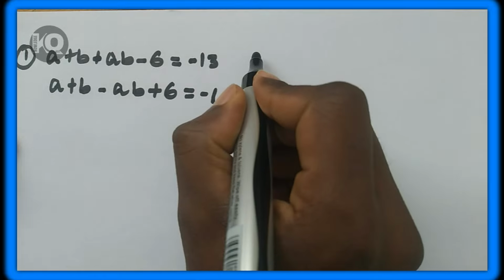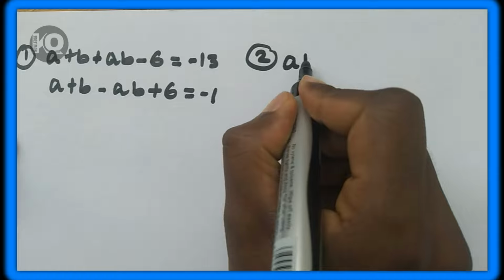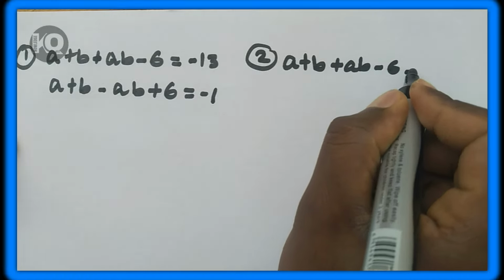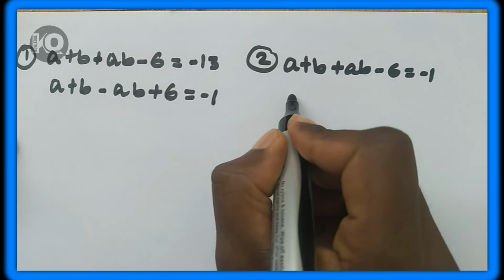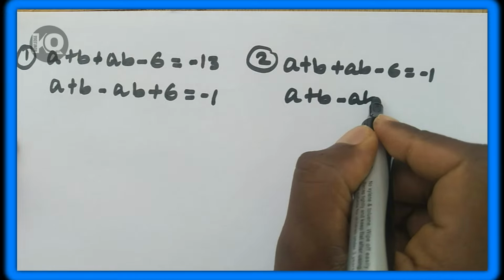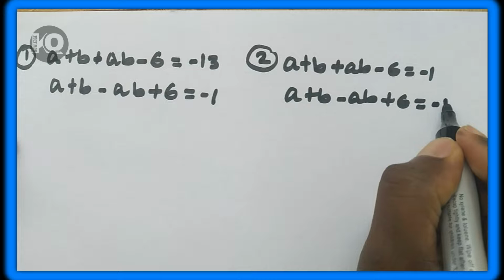And also the second possibility, that is a plus b plus ab minus 6 is equal to minus 1, and a plus b minus ab plus 6, which is equal to minus 13.